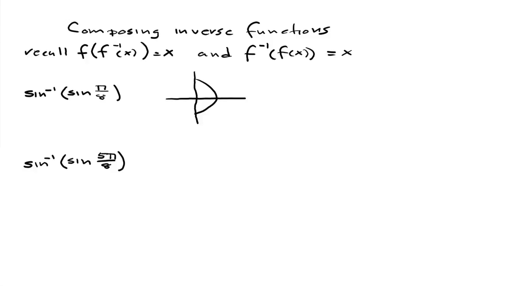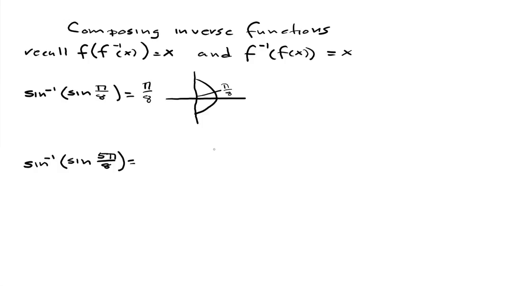So in order for me to say that this is equal to pi over 8, I need to know that the angle lies in either the first or the fourth quadrant. And pi over 8 does. It's in here. As long as the angle that I'm dealing with falls within the domain of the inverse sine, I'm okay. So I can say that's equal to pi over 8.